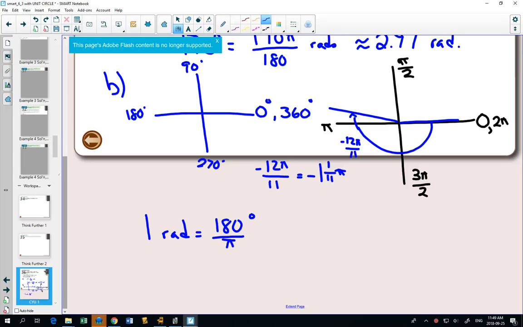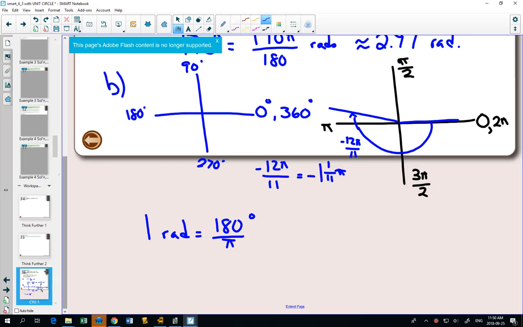And if you know that pi is a little bit more than 3, then 180 divided by a little bit more than 3 will be a little bit less than 60. It should be 57.3, but can you see how that mental math can also help you remember that this is the formula and not pi over 180?